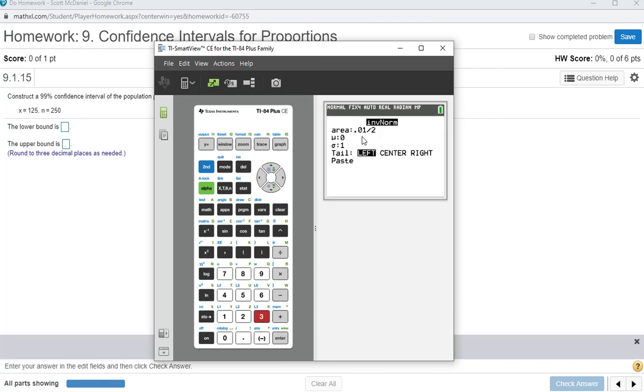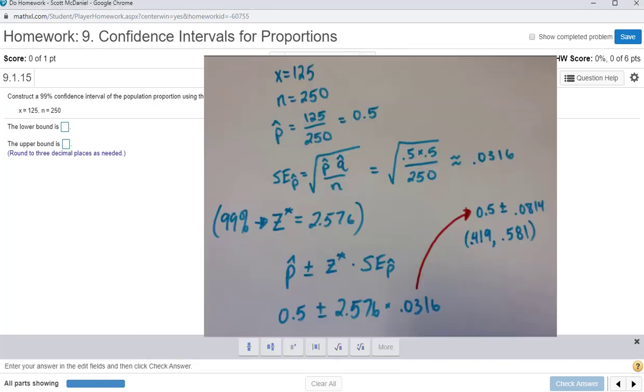Ours is 99%, but remember we have 2 tails, so we divide that by 2, leave the mean at 0, standard deviation at 1, and do the left tail. Press enter, and there we go, 2.576, and we discard the negative. So that is our critical value.